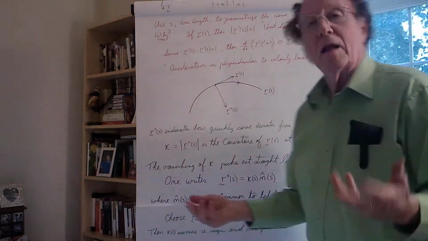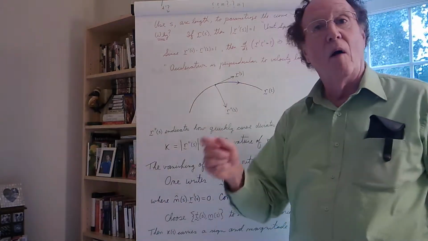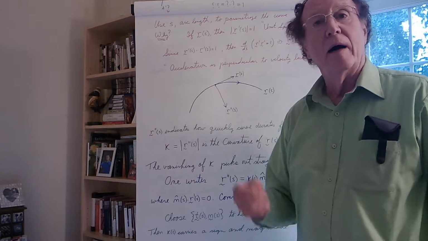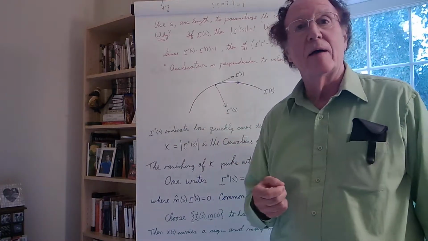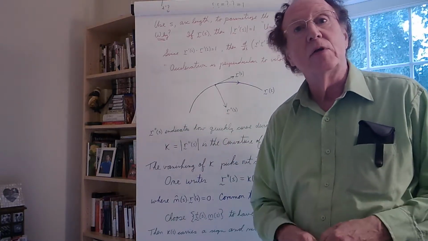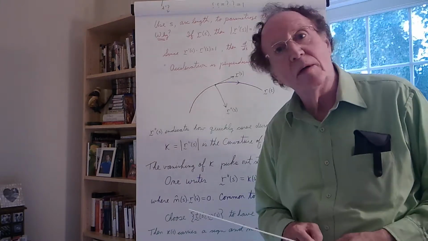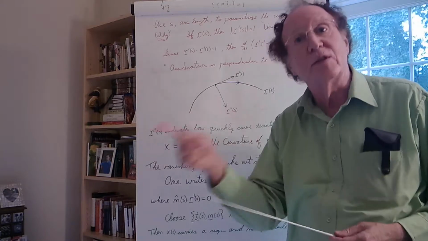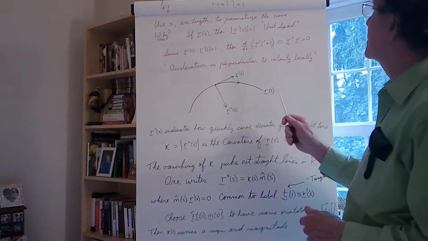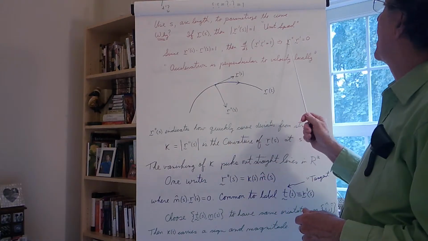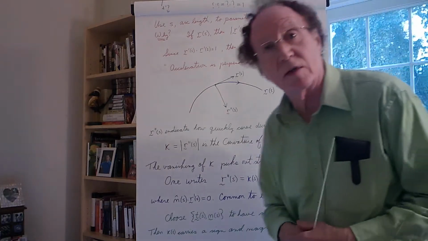Lots of examples. If you take a ball on a string and whip it around your head, then of course you know that the acceleration is centripetal and the velocity is tangential. And so r double prime dot r prime is equal to 0.